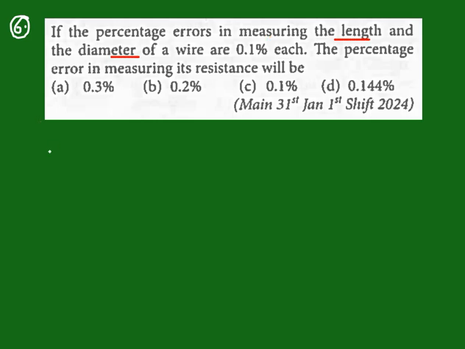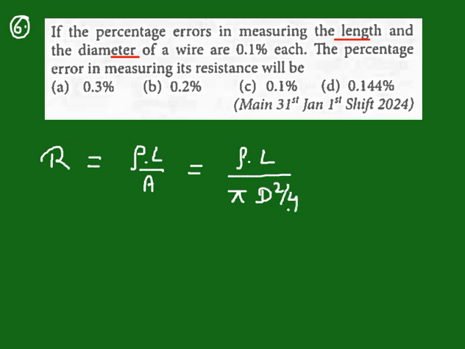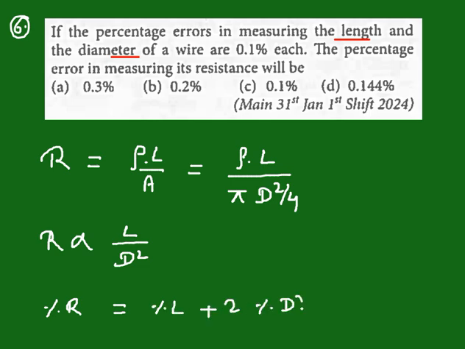So for resistance, we know it is equal to rho L upon A, and if we consider the area to be pi d square by 4, then the resistance is proportional to L by d square. So the percentage error in R equals the percentage error in L plus twice the percentage error in d, and we put all the values.